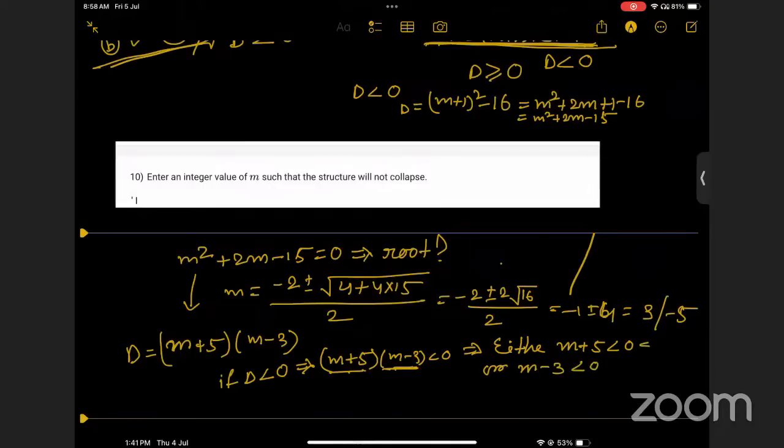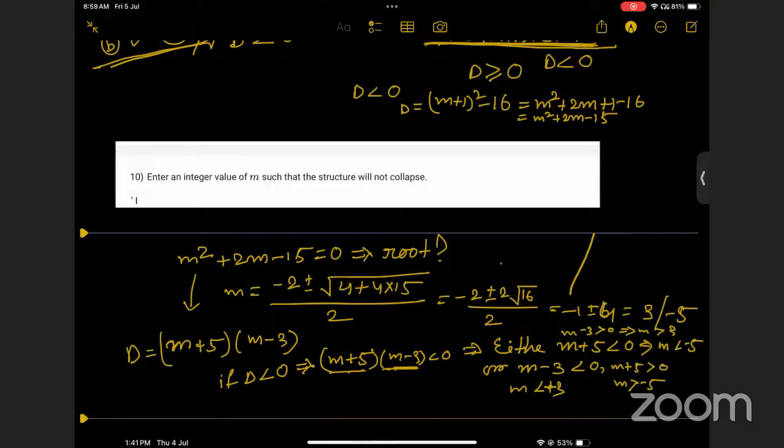If m plus 5 is negative, then m is less than minus 5, and m minus 3 is positive, so m is greater than 3.